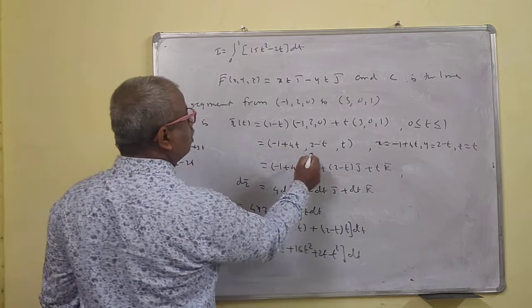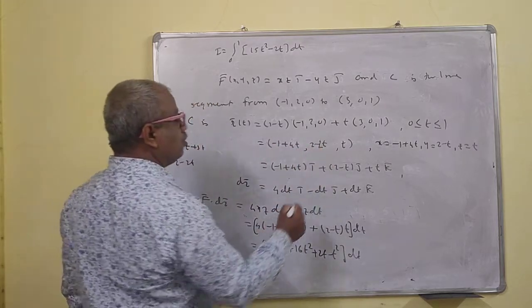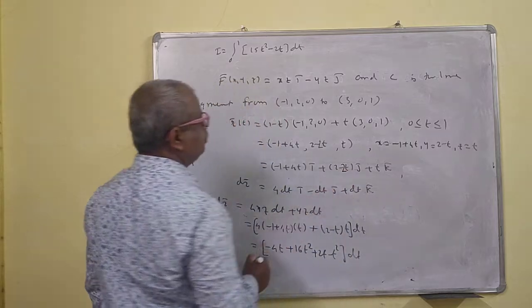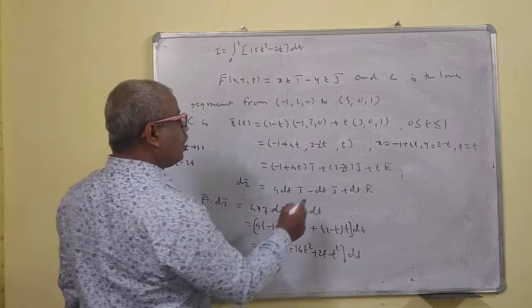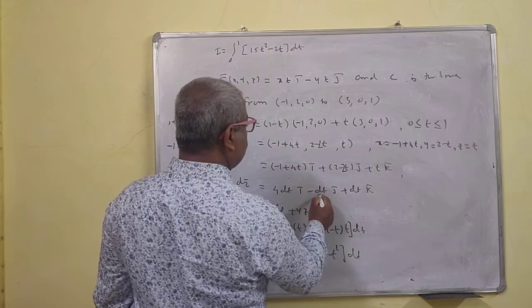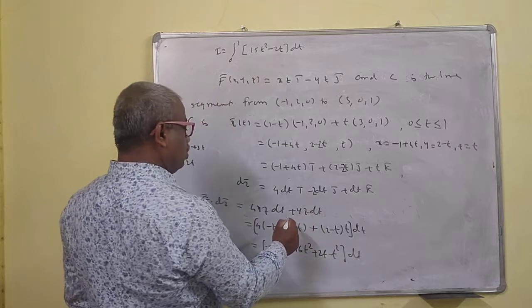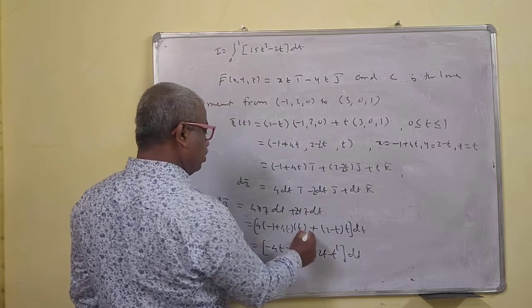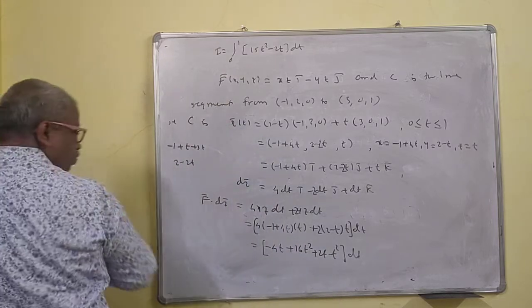See, we'll check here. This is what? 2 minus 2t is here. Okay, so 2 minus 2t dt. So derivative is what then? Minus 2 dt. So this is twice yz. So this is what, 2 into this. Okay, so we have to check this now.